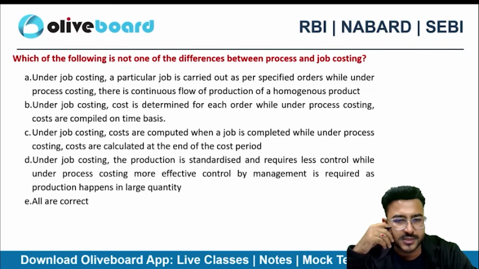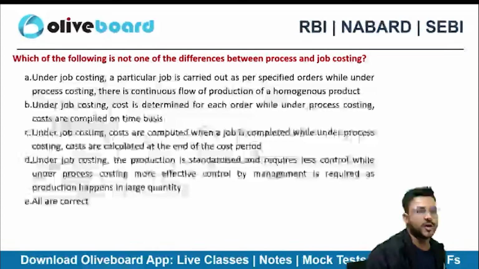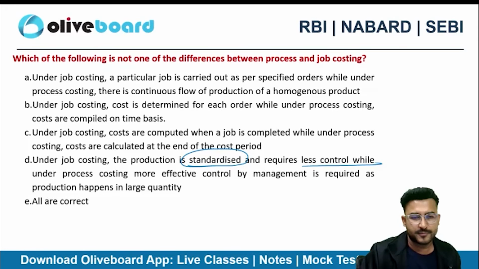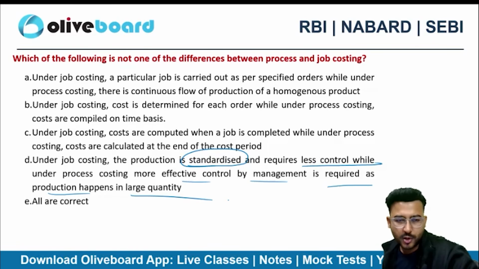Under job costing, the costs are computed when a job is completed, while under process costing, costs are calculated at the end of the cost period. Under job costing, production is standardized and requires less control, while under process costing, more effective control by management is required as production happens in large quantity. Or all are correct?